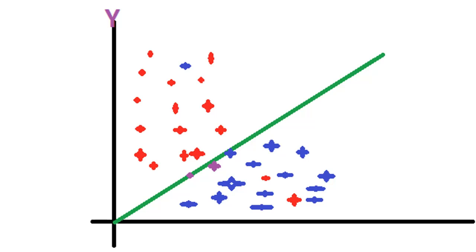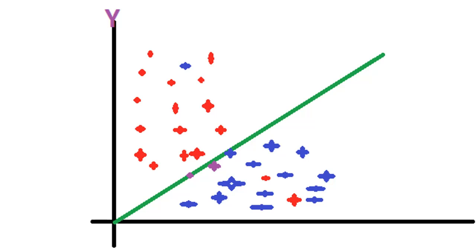So we don't use even values of k because there are chances of a tie. Most of the time we use k as an odd value so that the chances of a tie are reduced. If we use 3, we see that it is red data.